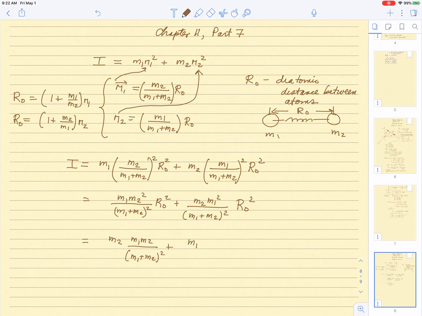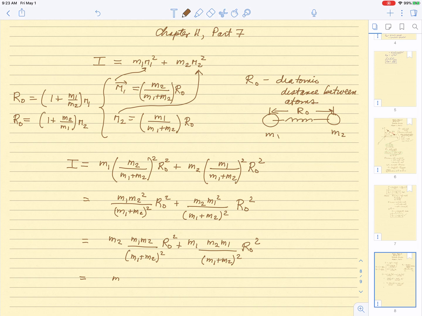I'm going to take out an M1 here, so this will be M2 times M1 over M1 plus M2 squared. This is going to be R0 squared. This will be R0 squared.